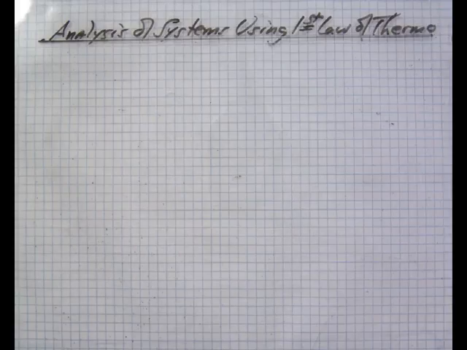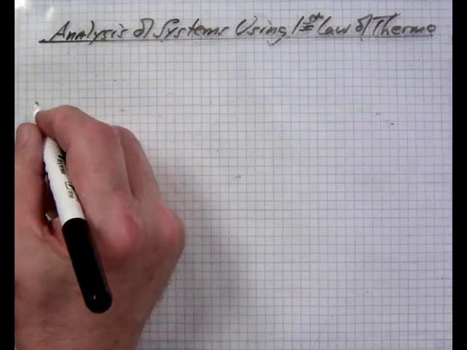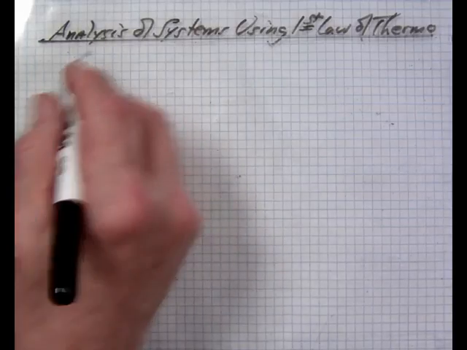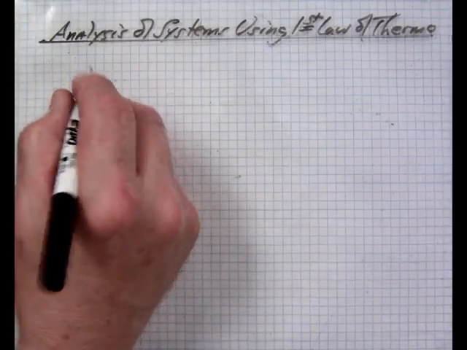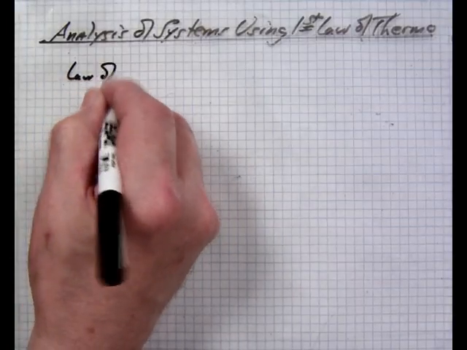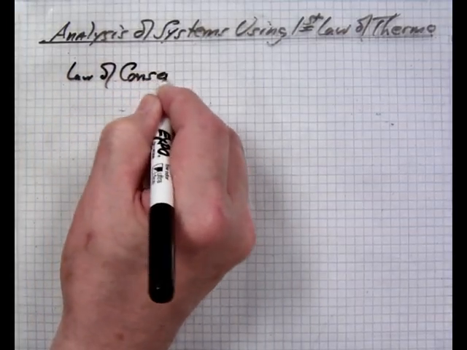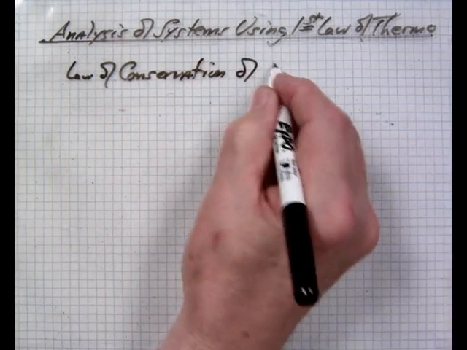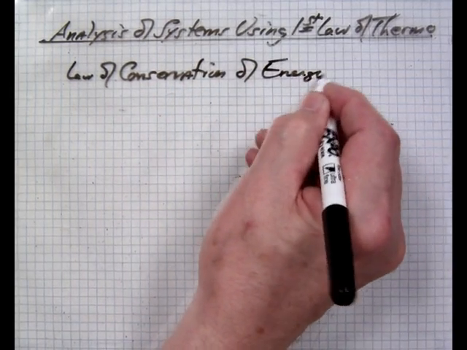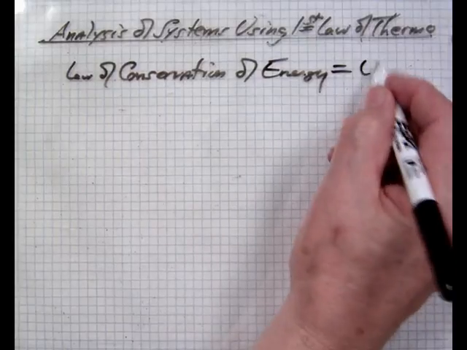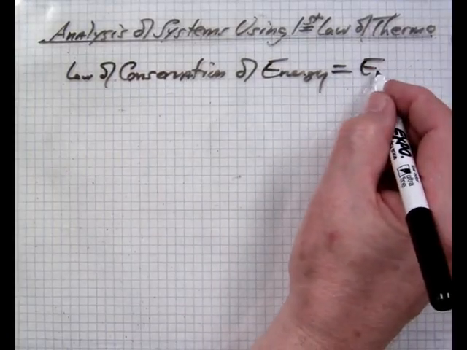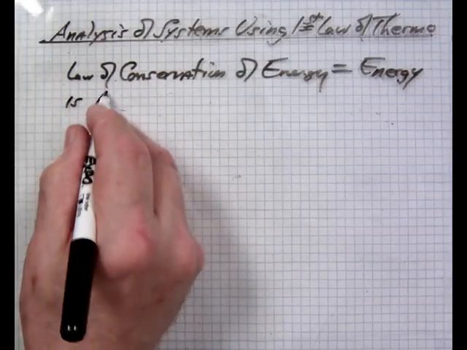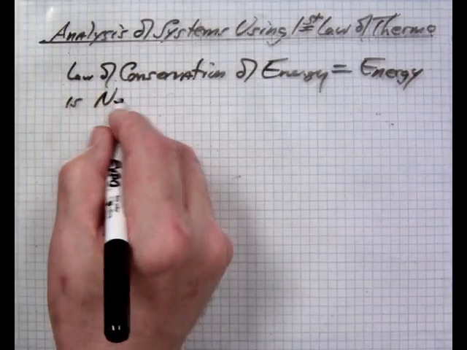However, remember that internal energy is only one of the three types of energy. According to the law of conservation of energy, energy is neither created nor destroyed. This you're very familiar with.